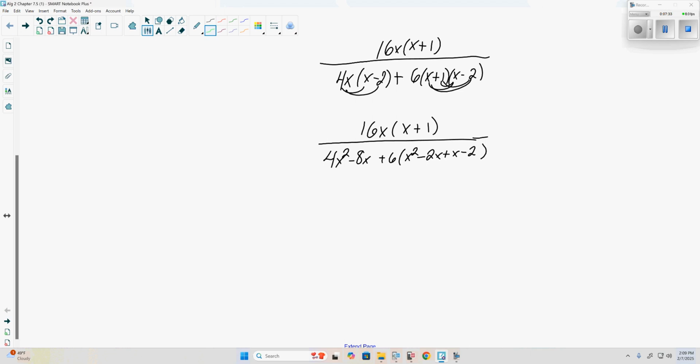And 1 times negative 2 is negative 2. Combined like terms, negative 2x plus x is going to be negative x.